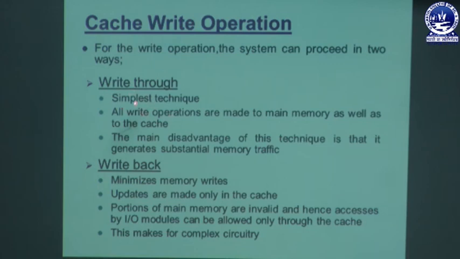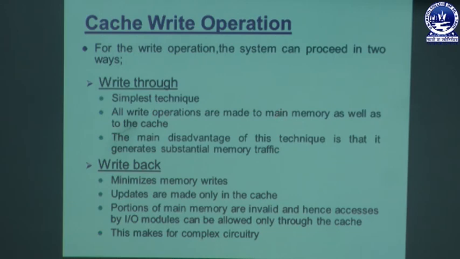It is the simplest technique between these two, and in the write through protocol all the write operations are made to the main memory as well as to the cache. That means when the CPU wants to write something in the cache memory, it also performs the write operation in the main memory.